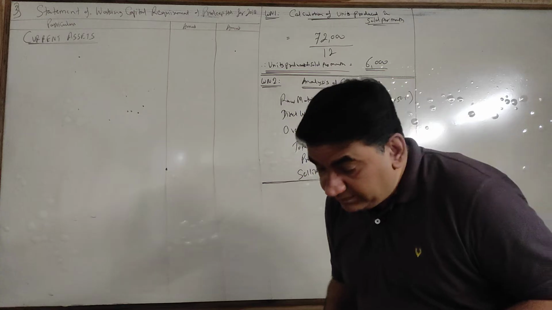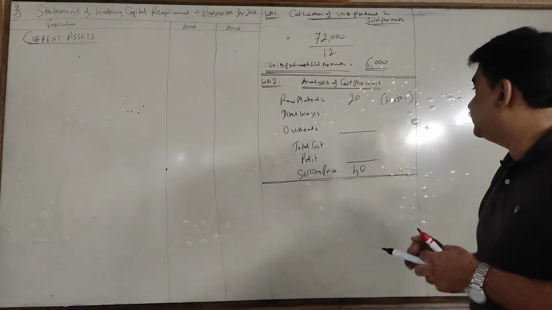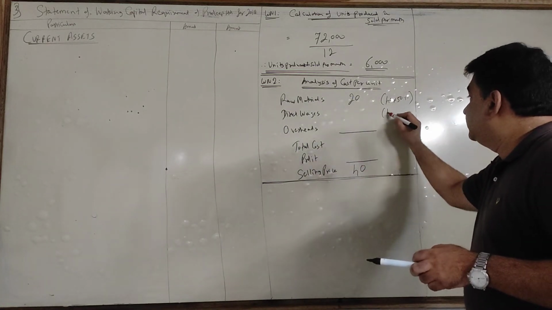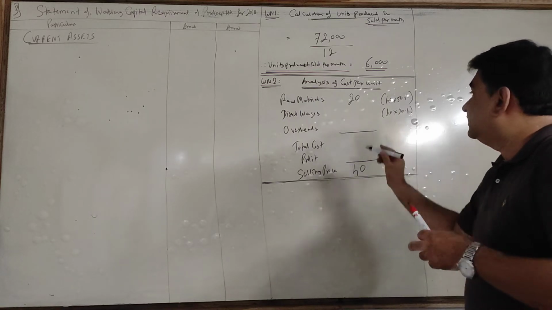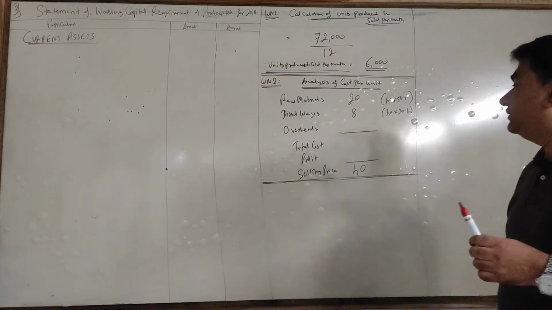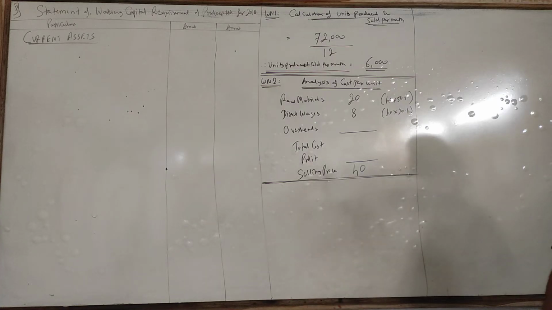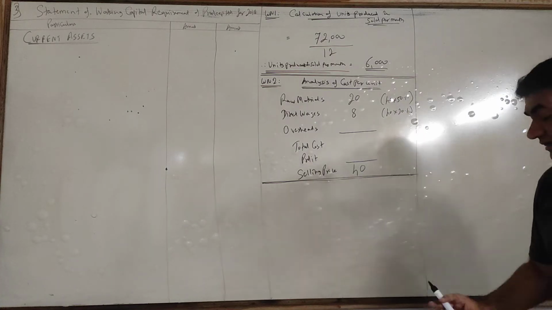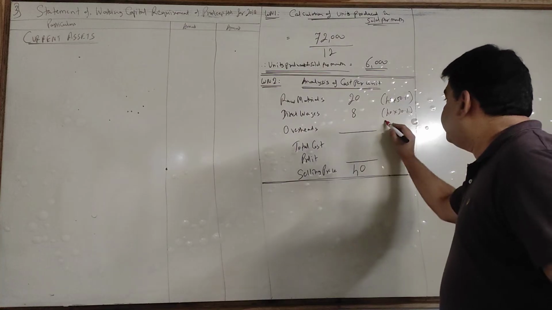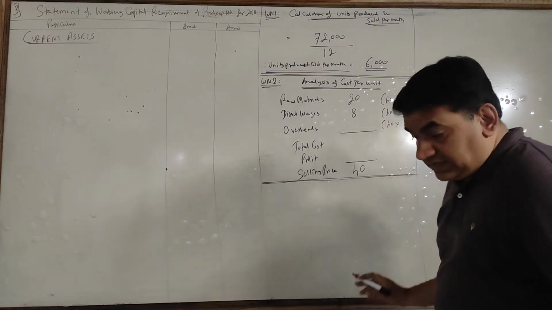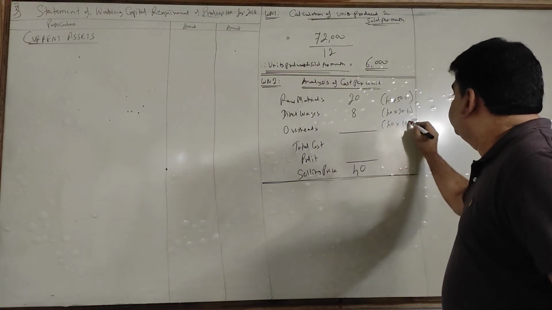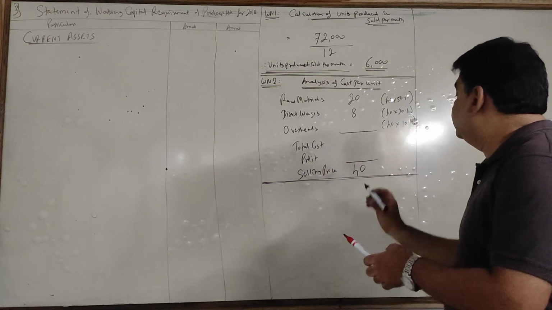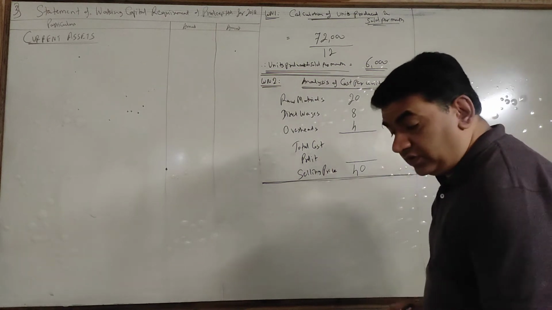Wages, what is the percentage of wages? 20%. So wages will be 20% of 40, that will give you 8. Wages 20% of 40, that is 8. And the last is overheads, that is 10% of 40, that is 4.